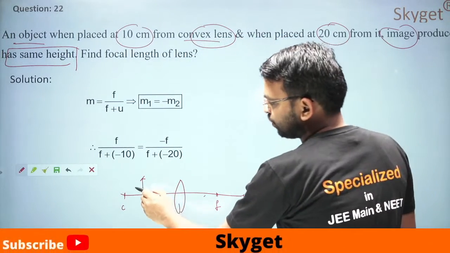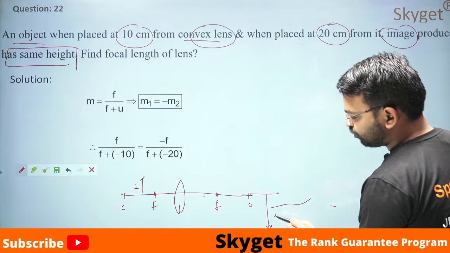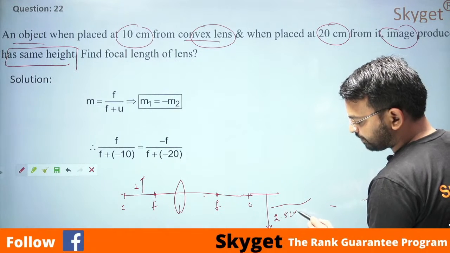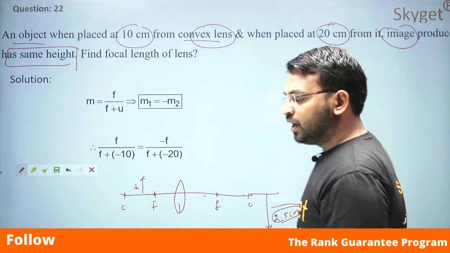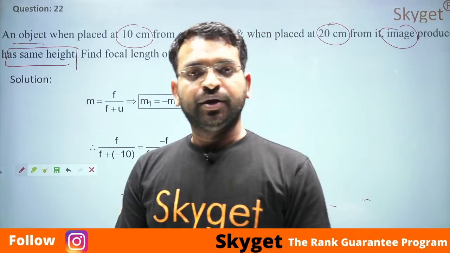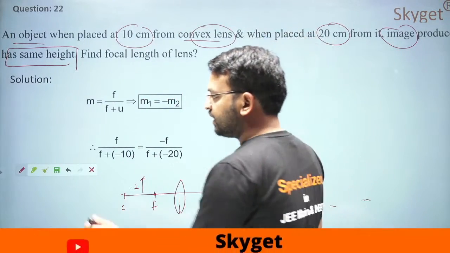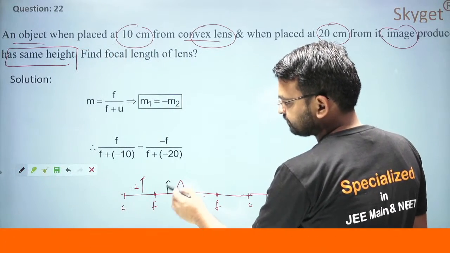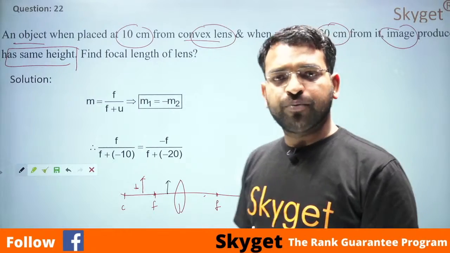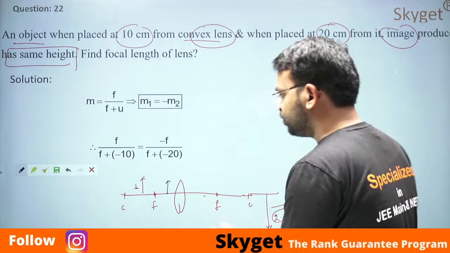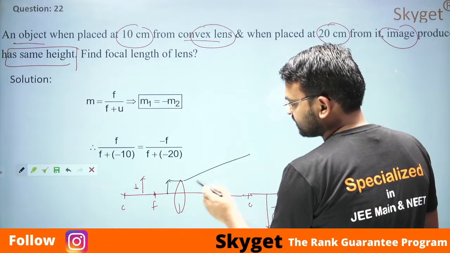For example, this is 1 centimeter. So there is a case that you may get 2 centimeter, 3 centimeter, whatever. Let's suppose you are getting 2.5 centimeter, right? This is the height. Now you have to look for the case in which you can get the same kind of height. That case is only possible in the second case. And what is that case? If you place your object between your pole and focus, in that case you will get your virtual image somewhere here.